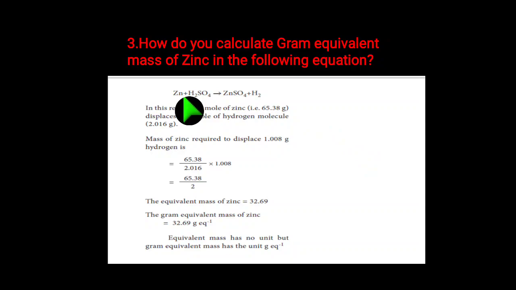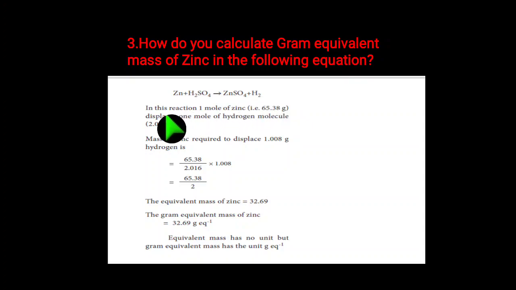So in this equation, zinc is a metal that reacts with sulfuric acid and displaces hydrogen gas, giving the salt zinc sulfate along with hydrogen gas.